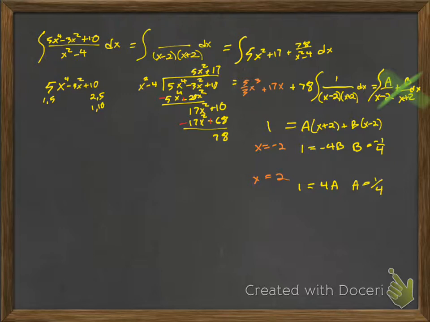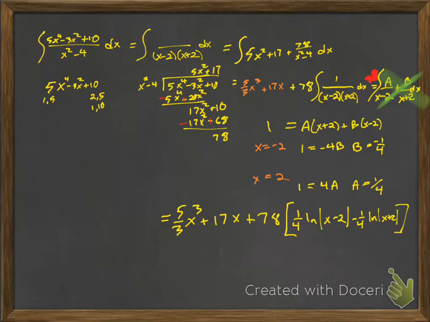78 goes right there. Continuing on. So this is what I got. 5/3 x cubed plus 17x is what I had before.